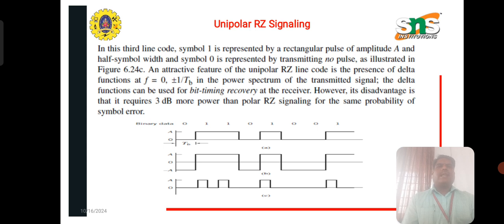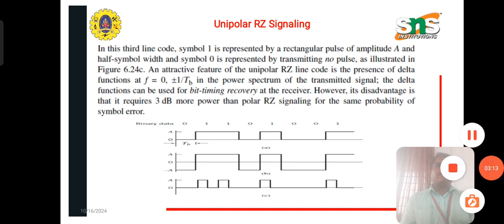The delta functions can be used for bit timing recovery at the receiver. However, its disadvantage is that it requires 3 dB more power than polar RZ signaling for the same probability of symbol error. Figure 3 shows the unipolar RZ signaling method.